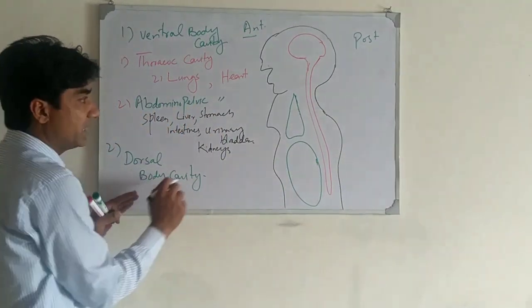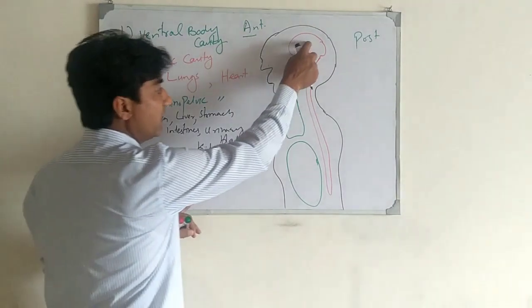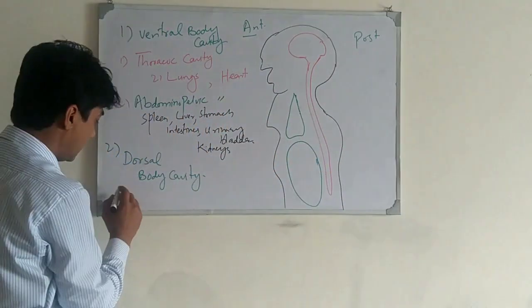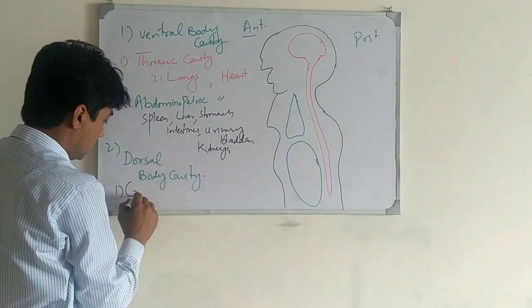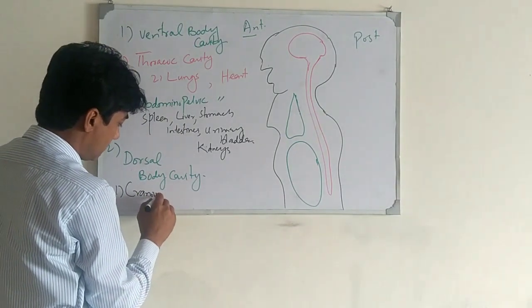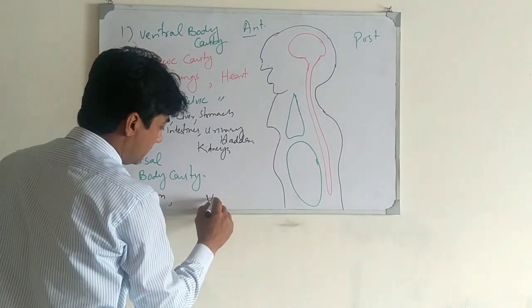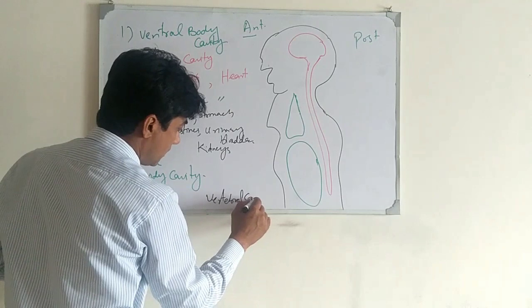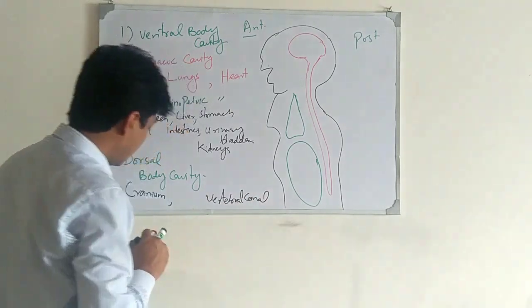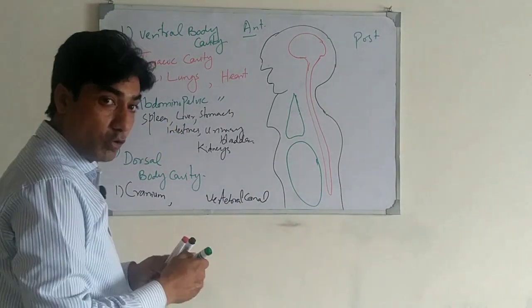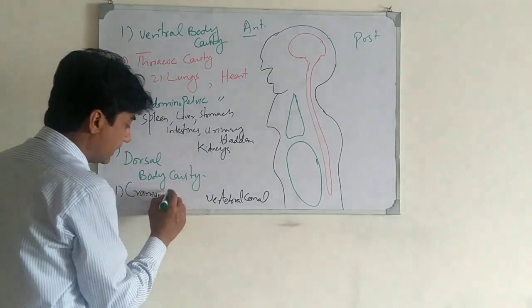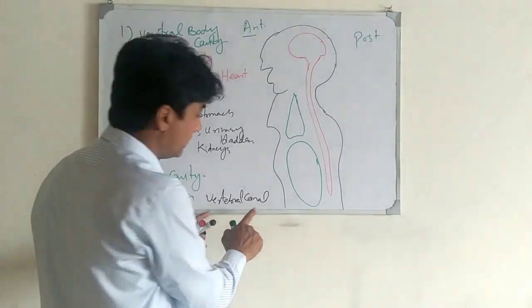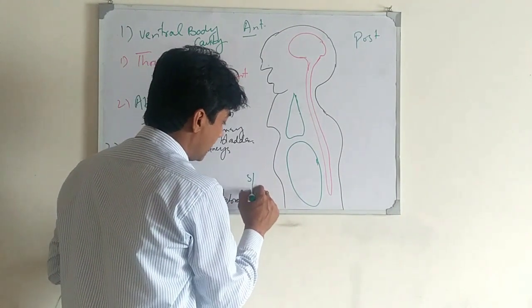While the dorsal body cavity consists of the cranial cavity as well as the vertebral canal. The cranium covers the brain, while the vertebral canal holds the spinal cord.